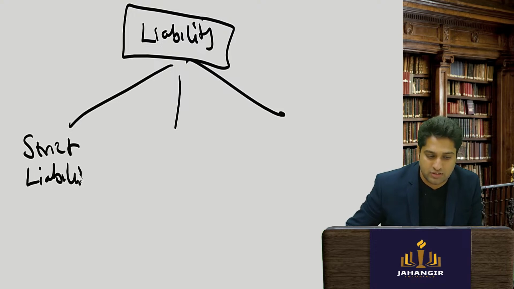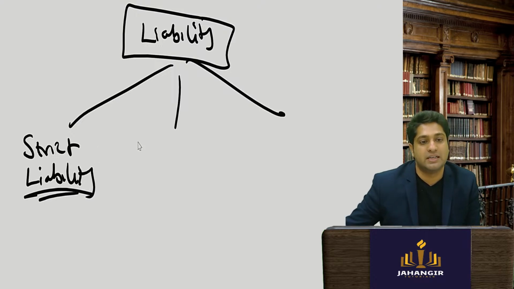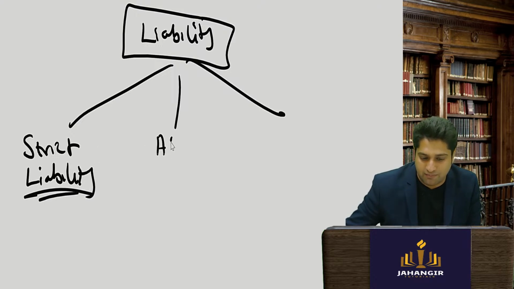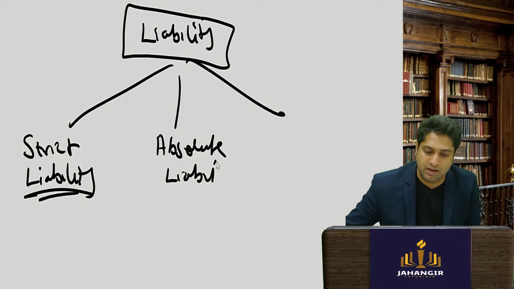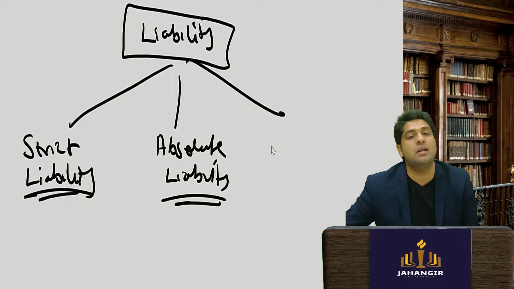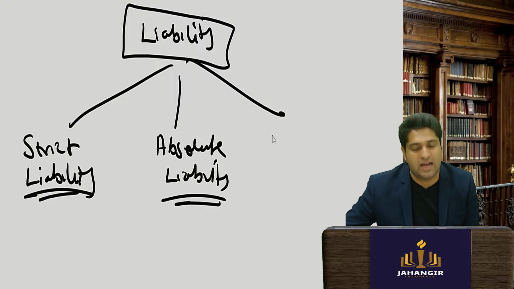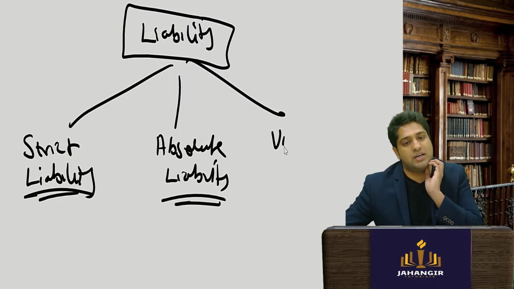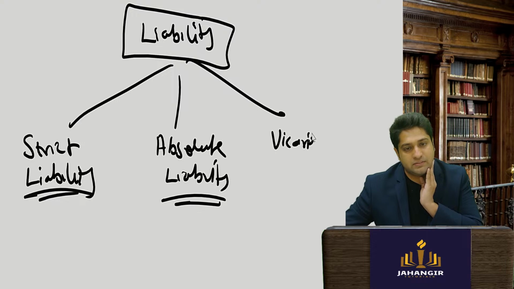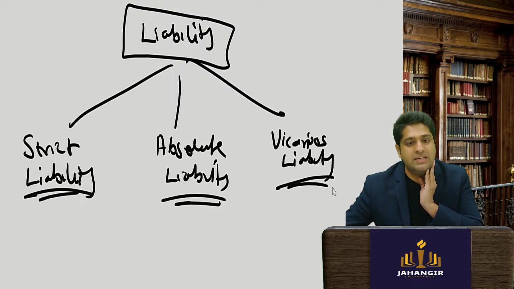Second is called as absolute liability. And third liability is called as master-servant relationship, called as vicarious liability. Please write it down.